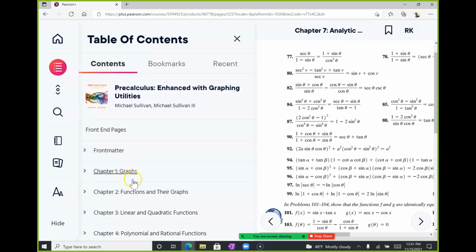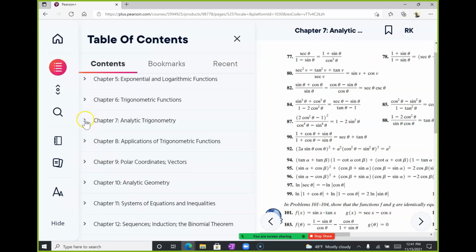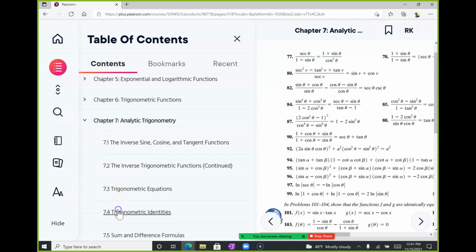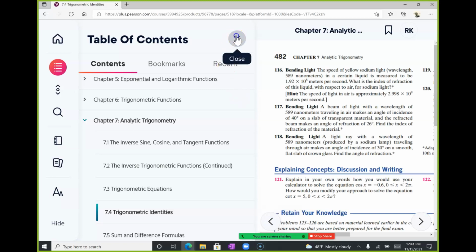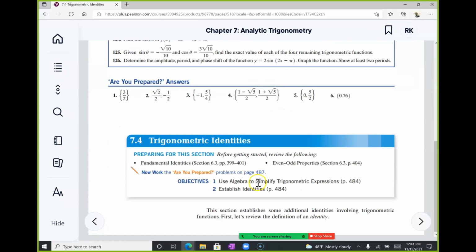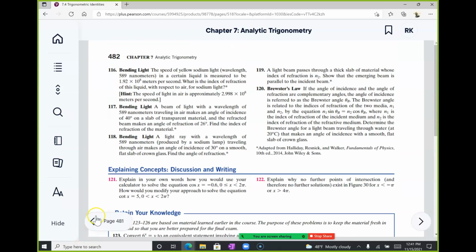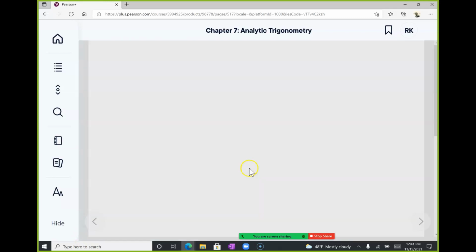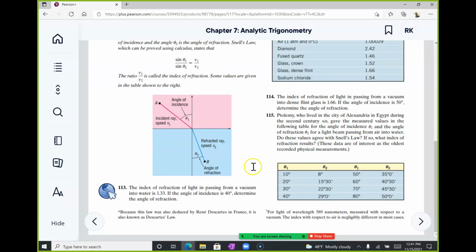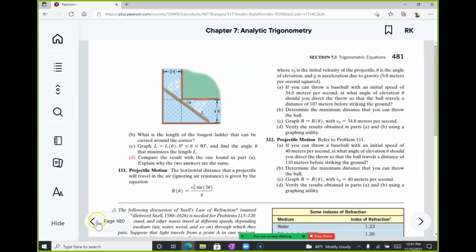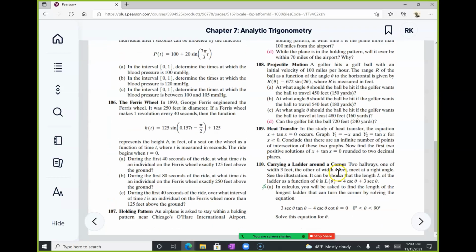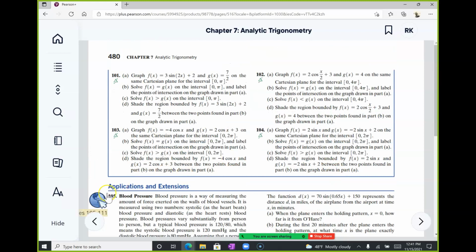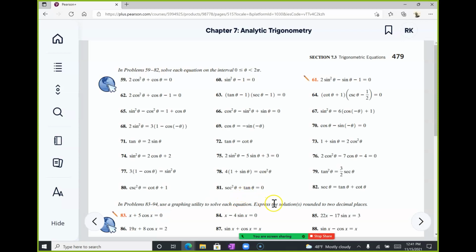So 7.3. Just looking for that nice grouping of questions that I'd like you to be able to do. All right, here they are.